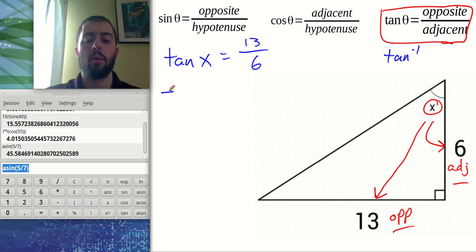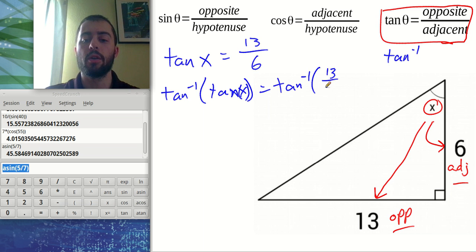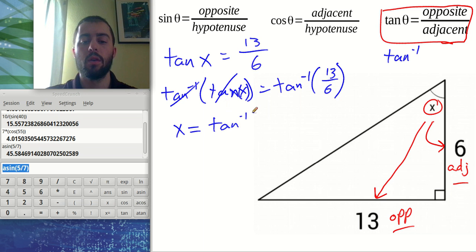So we're going to apply tangent inverse to the tangent of x side, and again, whatever you do to one side of the equation, you have to do to the other. So we're going to do tangent inverse of 13 over 6 as well. Tangent inverse and tangent will cancel out with each other because they are inverses, and x equals tan inverse of 13 over 6.